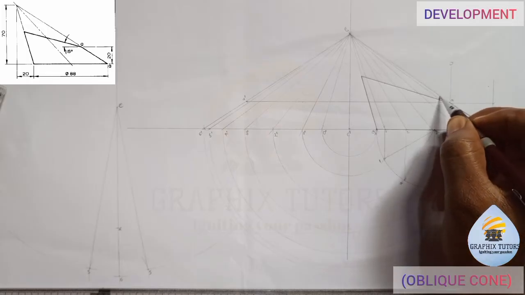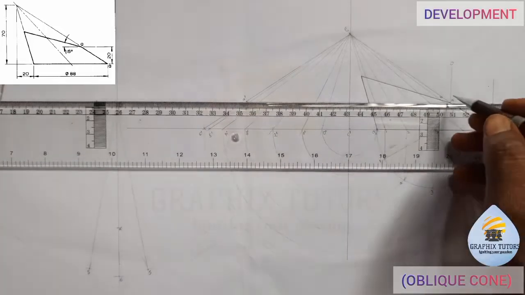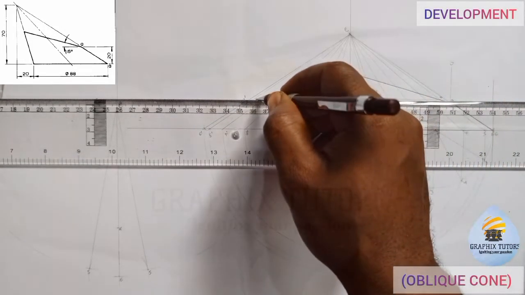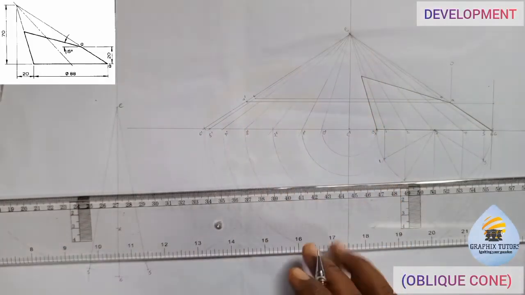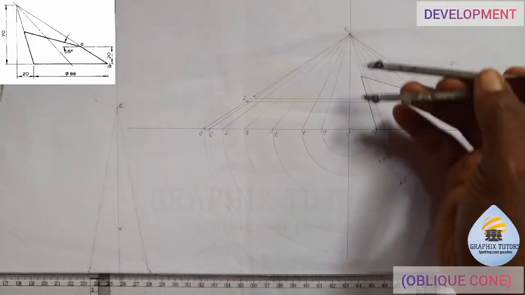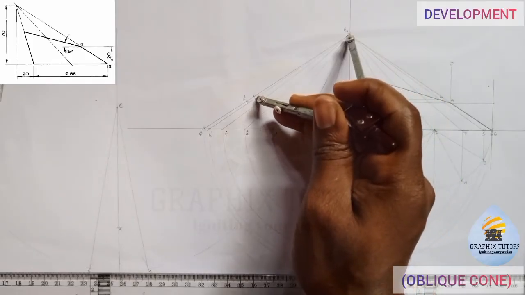So I'll call it just B. I'll trace it from B here. You see that? I'll trace it to this one here, and I'll call that point B. Now I'll take my compass, place it at C to B here.